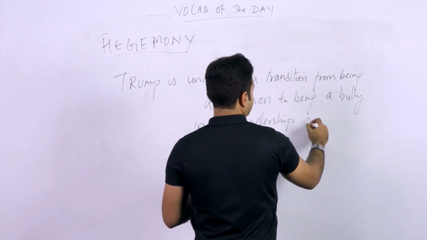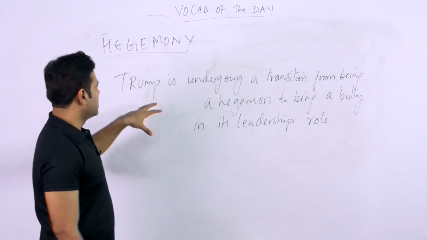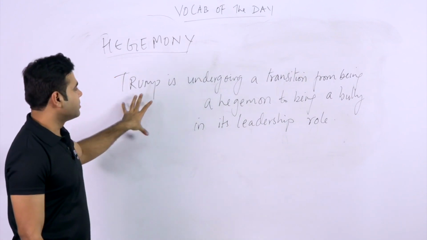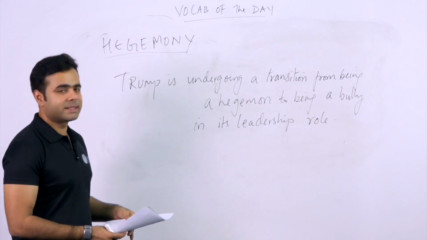It's a sarcasm, or you can say it's a kind of sarcasm over that particular president of USA, that is Donald Trump. Trump is undergoing a transition from being a hegemon to being a bully in its leadership role.